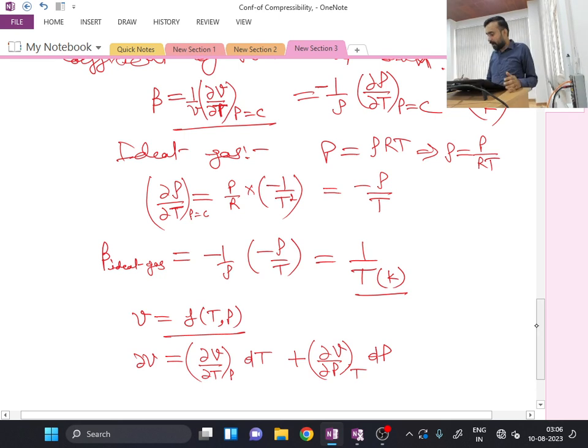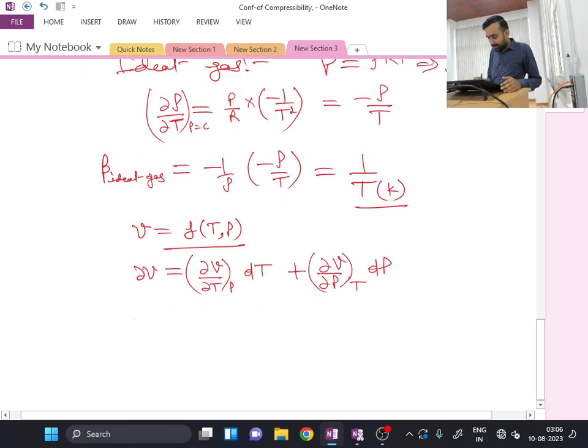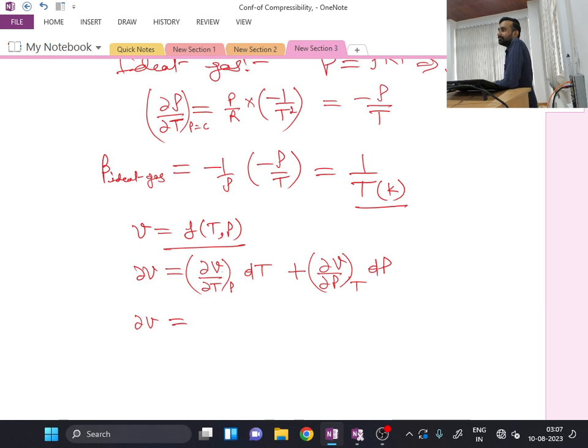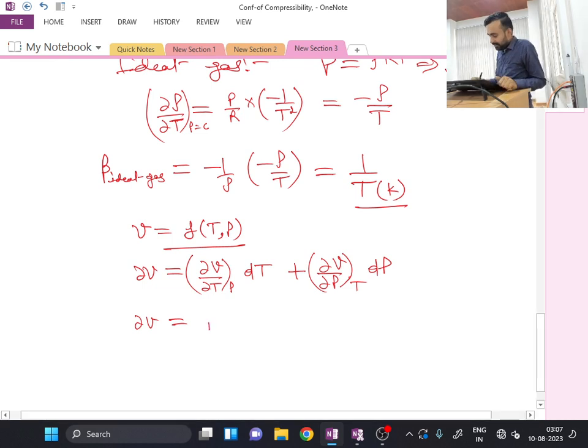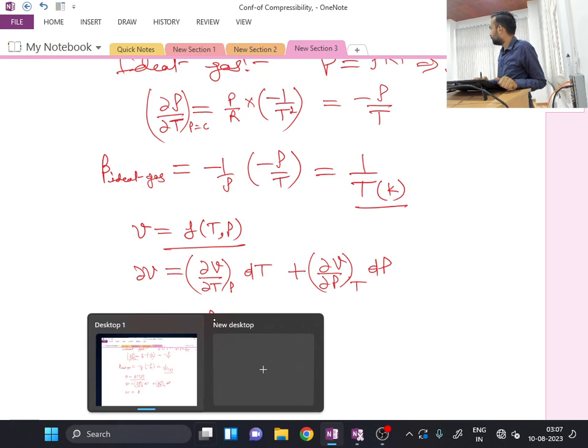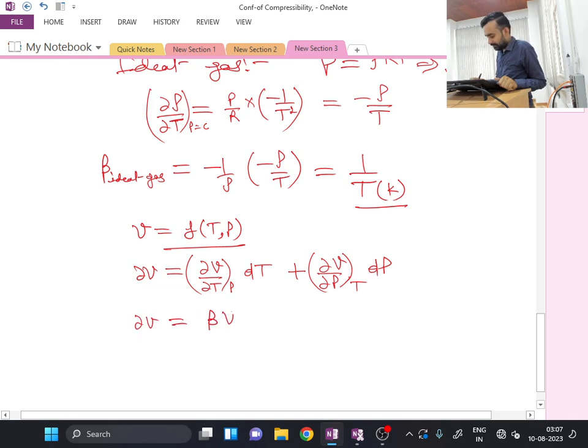Okay. So now try to replace these quantities in terms of what will be del V by del T at constant P? Beta times specific volume into dT. Okay. And what will be del V by del P?